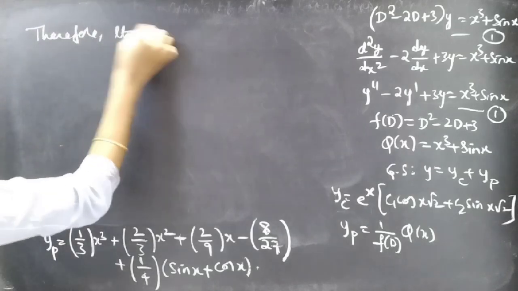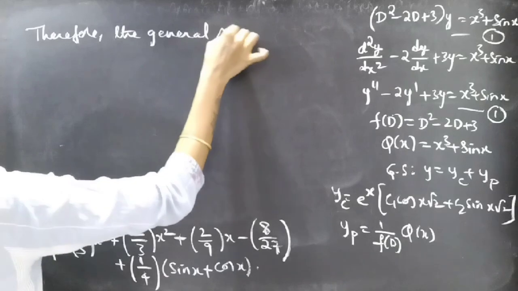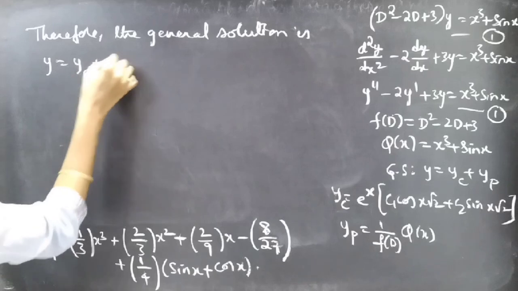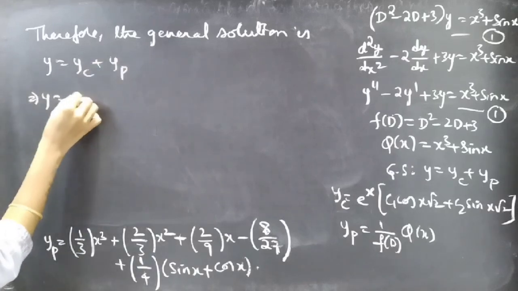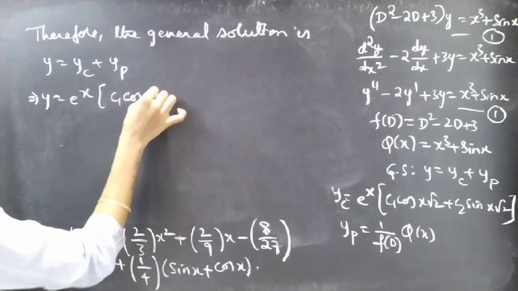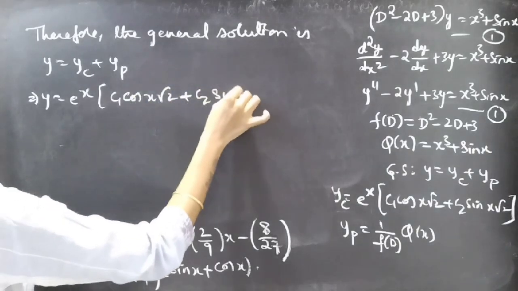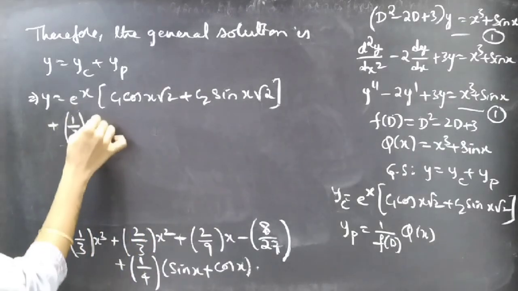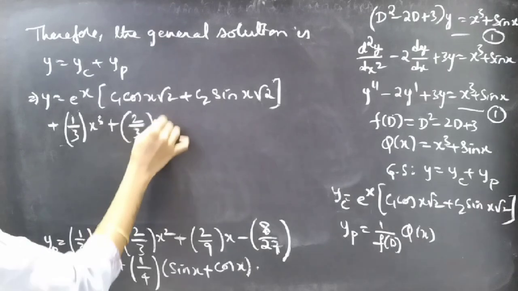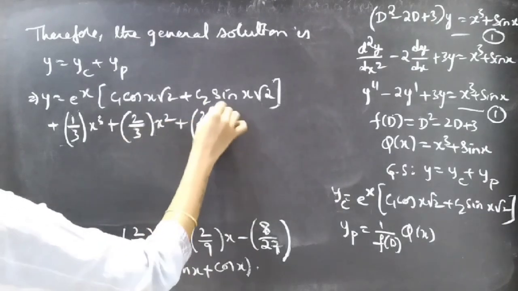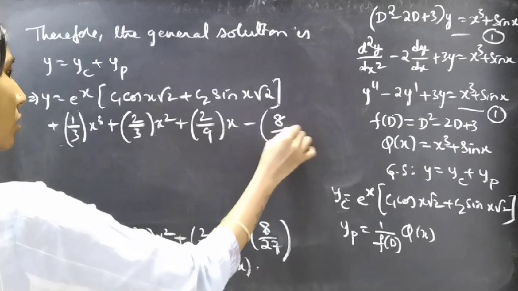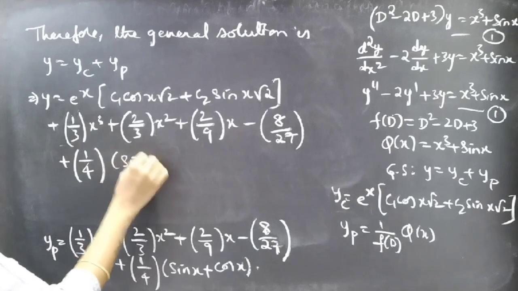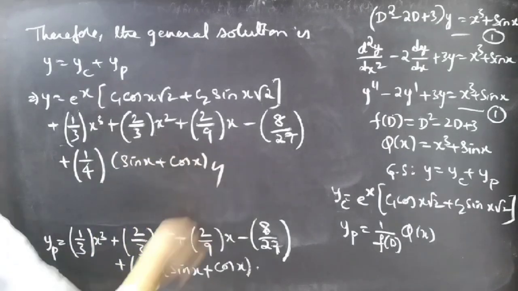Therefore, the general solution is given by y equal to yc plus yp, then y equal to e power x times c1 cos x root 2 plus c2 sin x root 2, plus yp: 1 by 3 into x cube plus 2 by 3 into x square plus 2 by 9 into x minus 8 by 27 plus 1 by 4 into sin x plus cos x, which completes the problem.